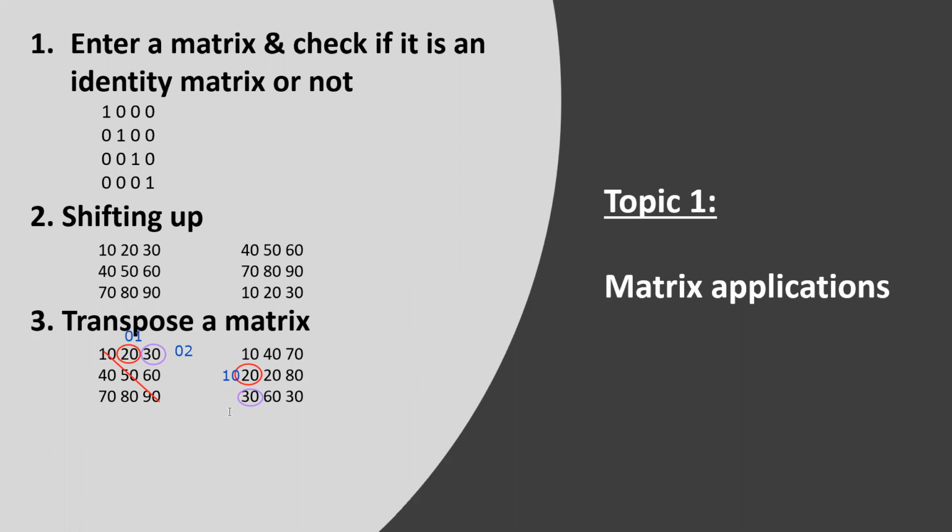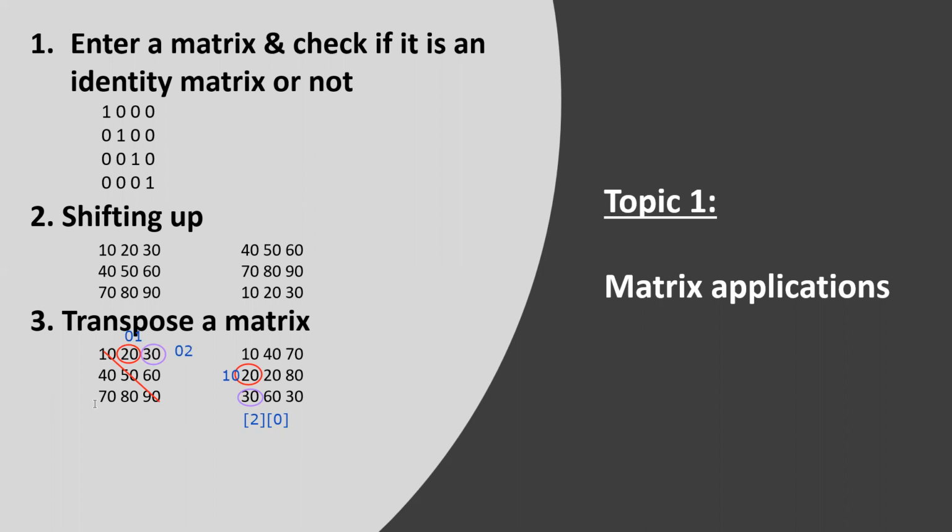And in the output matrix, it becomes 2, 0. I'm talking about the location, not the value. The new location of the 30 is 2, 0. So you can see the locations are changing from ij to ji.